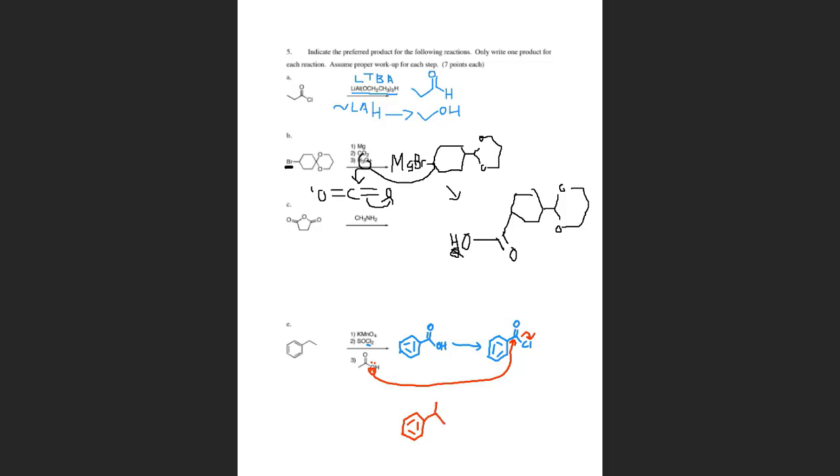It should be this. As it attacks this carbonyl, this double bond will go up, and then it'll go back down. That's how it forms this carbonyl again. As it goes down, it'll kick off this chlorine. Okay, any questions?